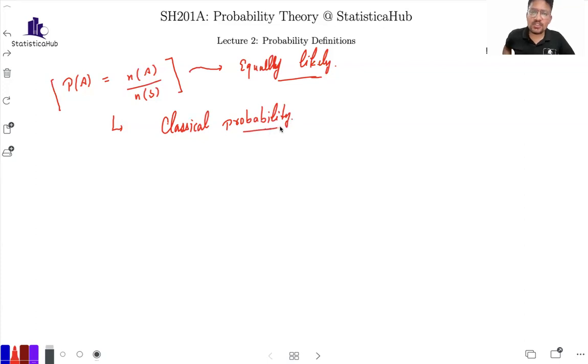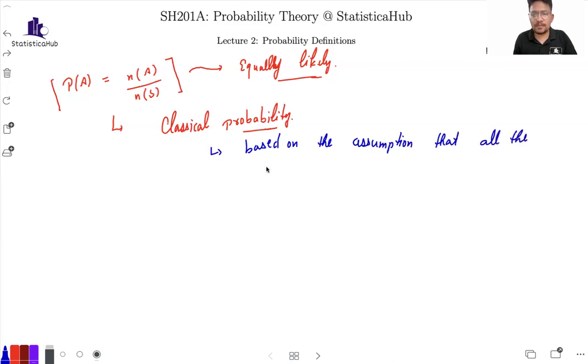It is based on the assumption that all the possible outcomes are equally likely.